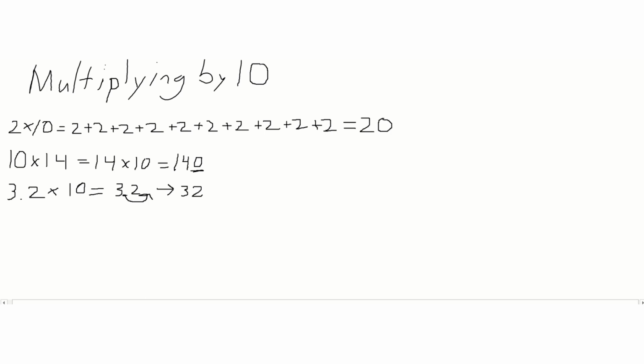Now, when I say these two tricks are slightly different, that is only because we usually don't write the decimal points when we are dealing with whole numbers. So really, the 140 that we got earlier up here could be written like this.